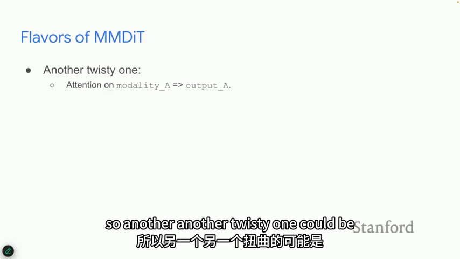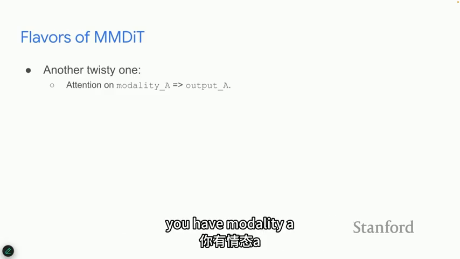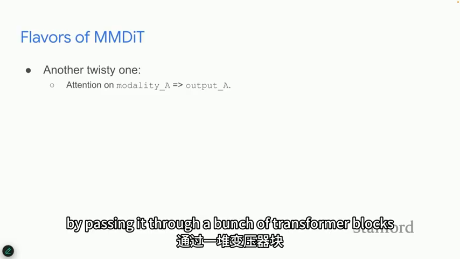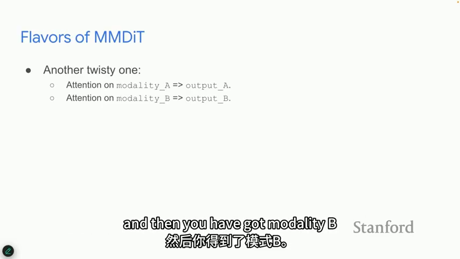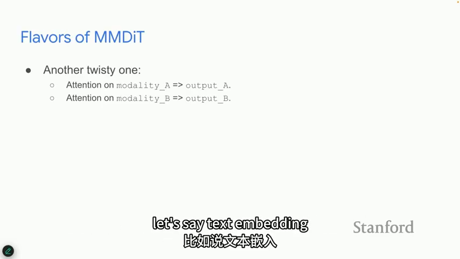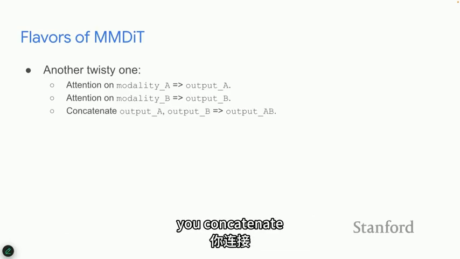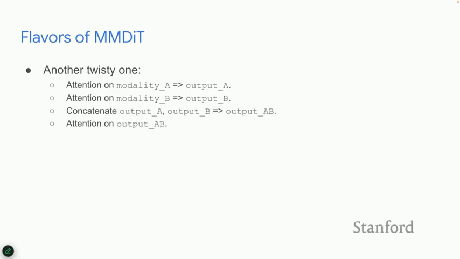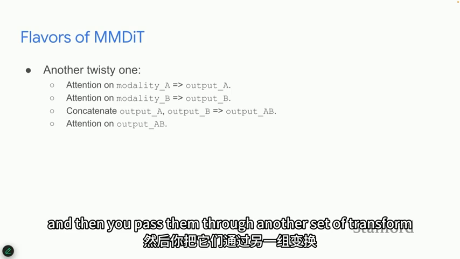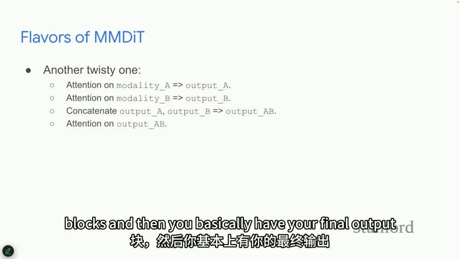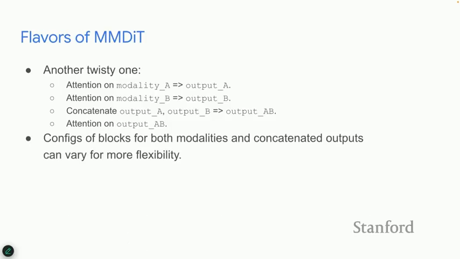Another twist could be: you have modality A, you compute output A by passing it through a bunch of transformer blocks, and then you have modality B, let's say text embeddings, you pass it through another set of transformer blocks, you concatenate these outputs, and then you pass them through another set of transformer blocks, and then you have your final output.